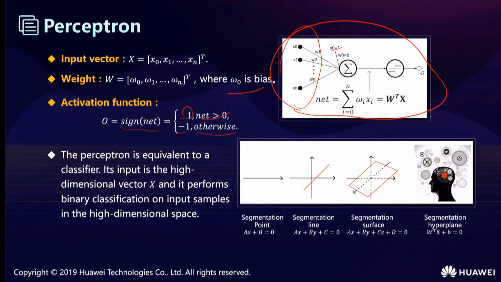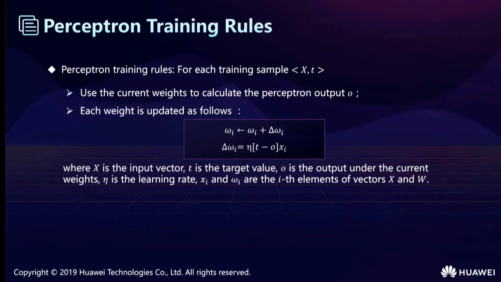When we update our weights, we use the training rule: use the current weights to calculate the perceptron output, and then update each weight with a formula like that.